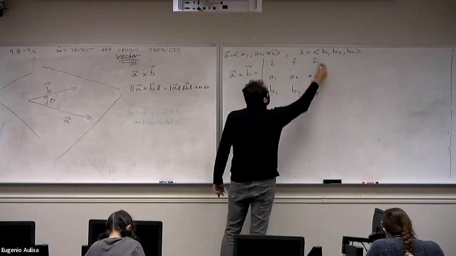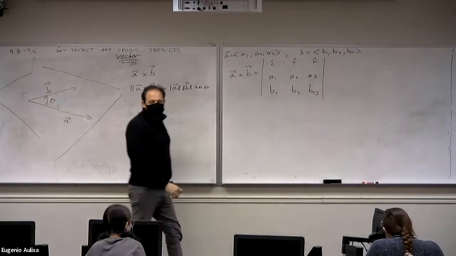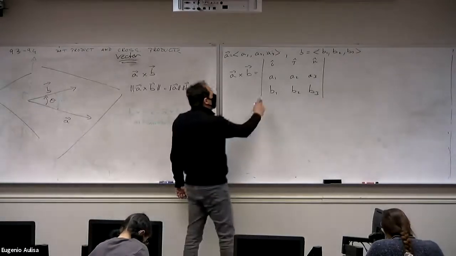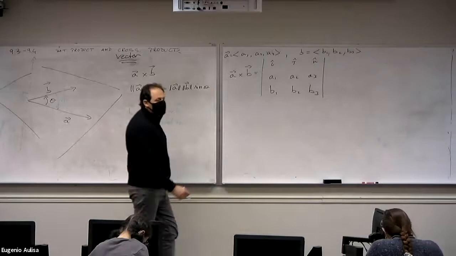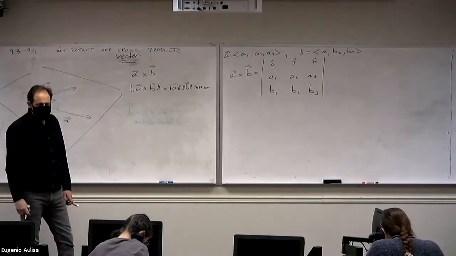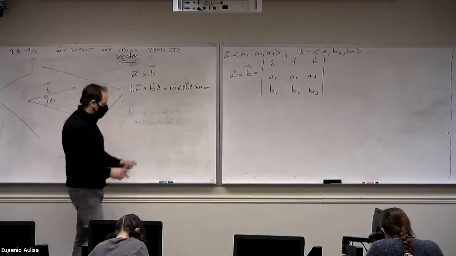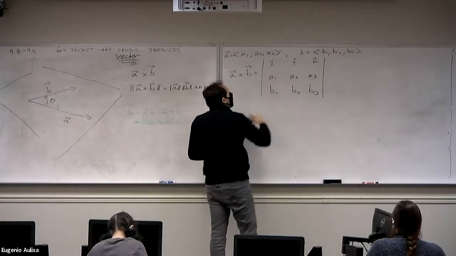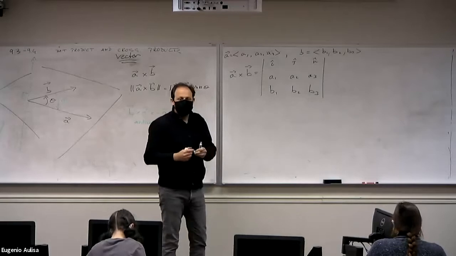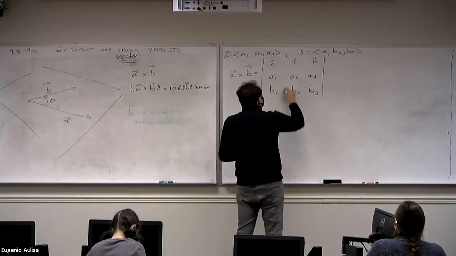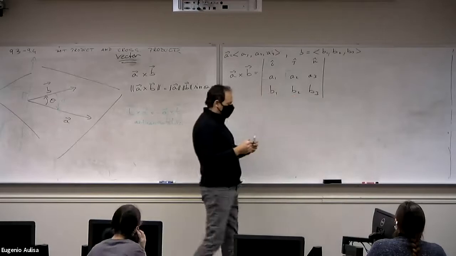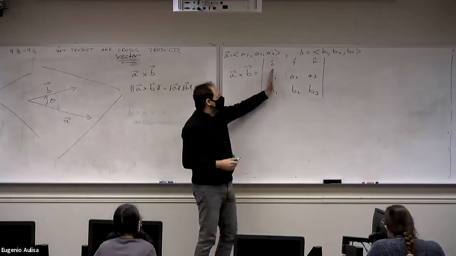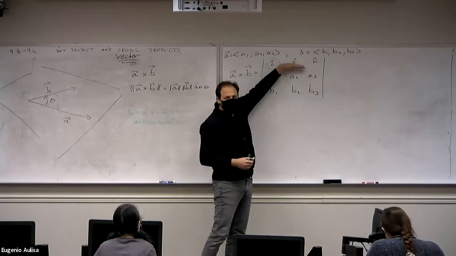So this is a 3 by 3 matrix. We want to find its determinant. The determinant of a 3 by 3 matrix is going to be the element in the first row, first column, times the determinant of the 2 by 2 matrix obtained by removing this row and this column.